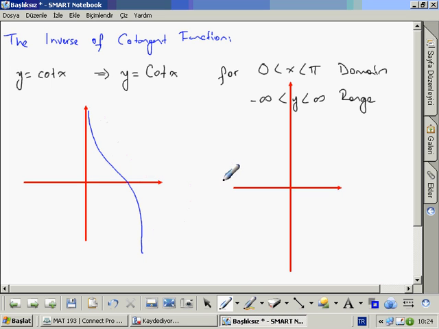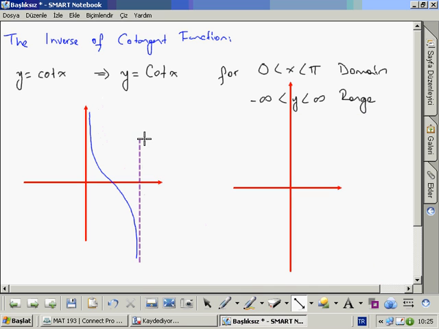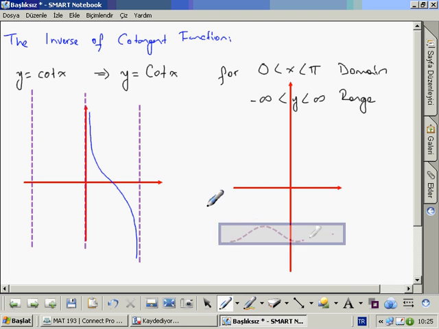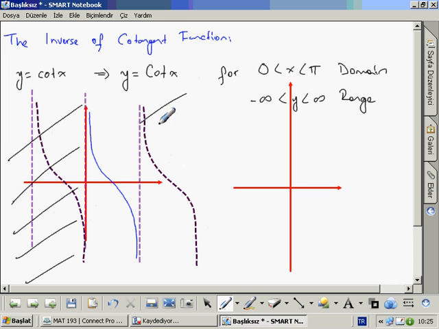Okay, and we know that these parts of the function are restricted.